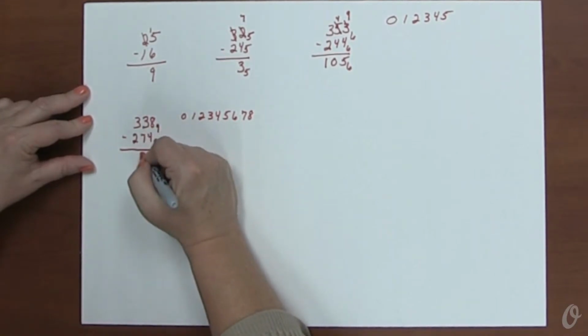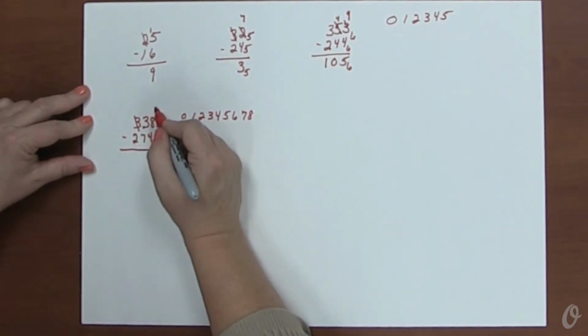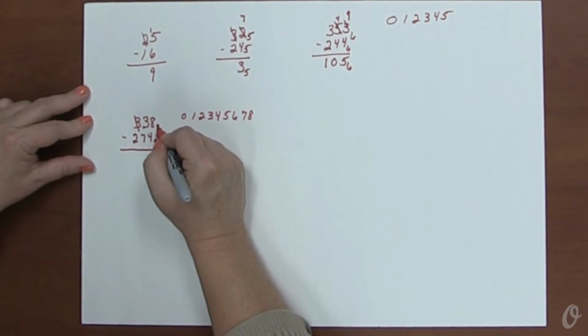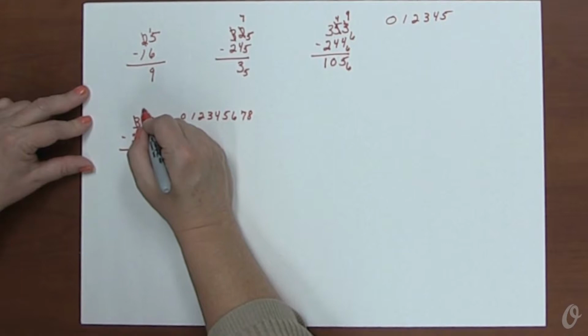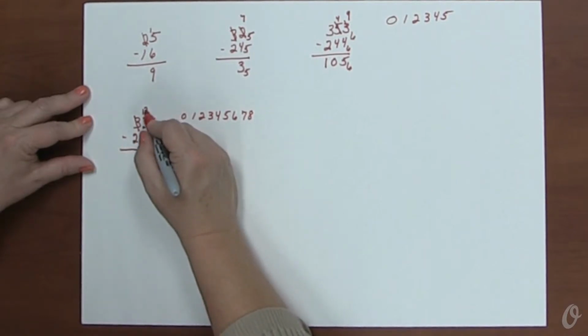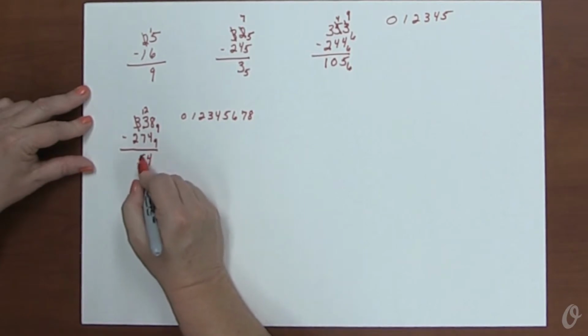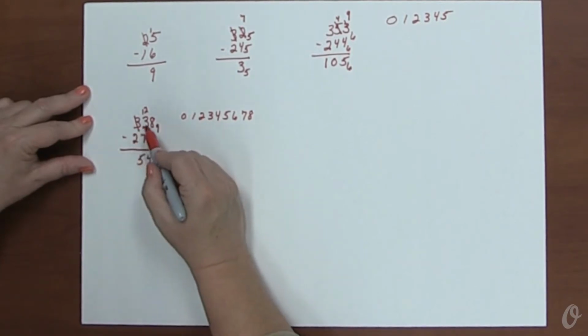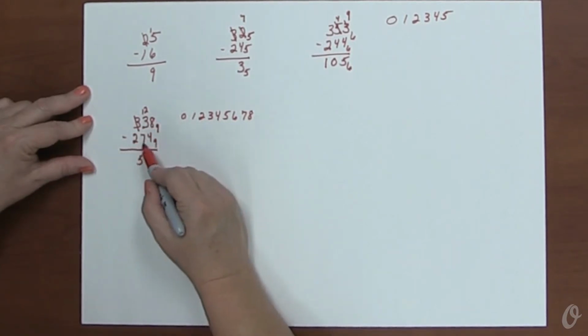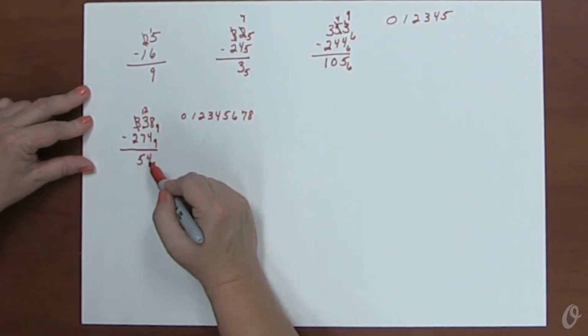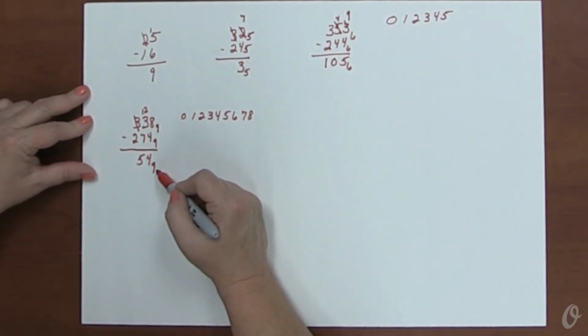And 3 minus 7 I can't do, so I'm going to borrow. And when I borrow, I'm borrowing a group of 9. So 9 plus 3 is 12. Now 12 minus 7 is 5. So 3, 3, 8 base 9 minus 2, 7, 4 base 9 is 5, 4 base 9.